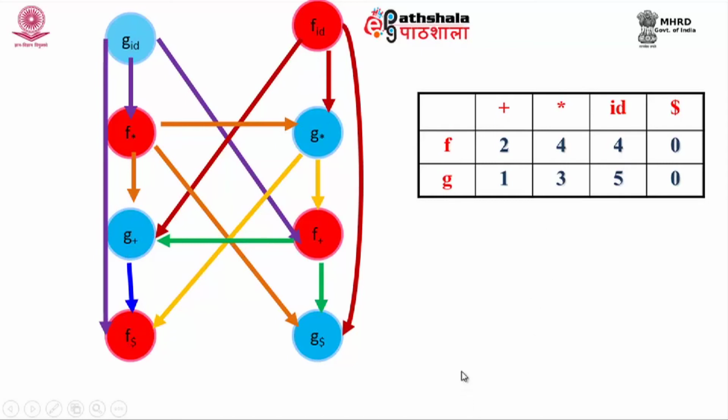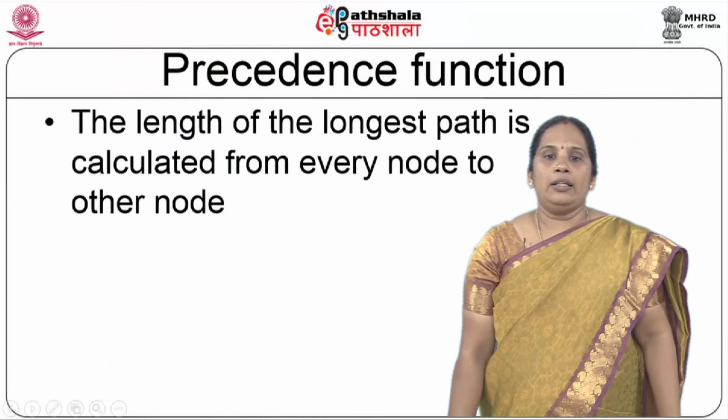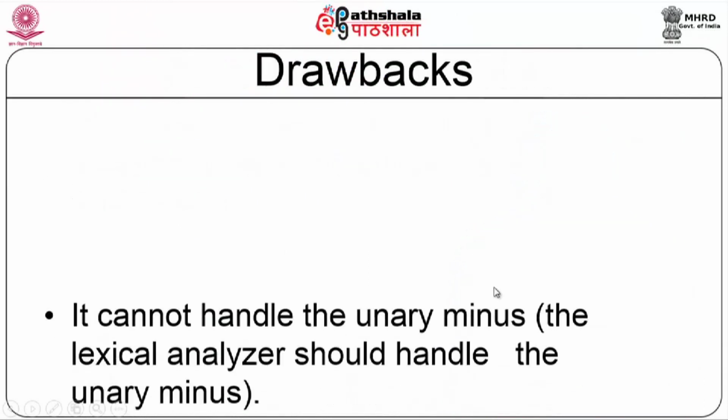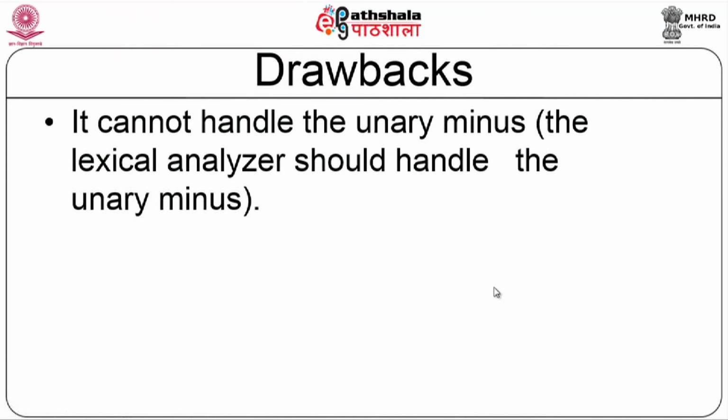So rather than the precedence table, this is what is shown here: F ID to F plus, and this is the path length of 4 for F ID. So the length of the longest path is calculated from every node to every other node, and that is stored as a precedence table which is used by the operator precedence parser.